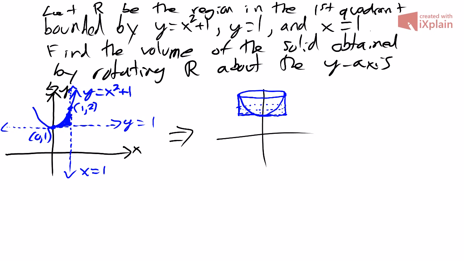So it's kind of like a bowl. It's a bowl shape. So we're going to need to use the washer method, and we know that because we have some missing space here in the middle of it. You could fill it in with liquid if you wanted to. Now these parts here are solid, and it's solid all the way around, but there's an inside that's missing. So that's why we use the washer method.